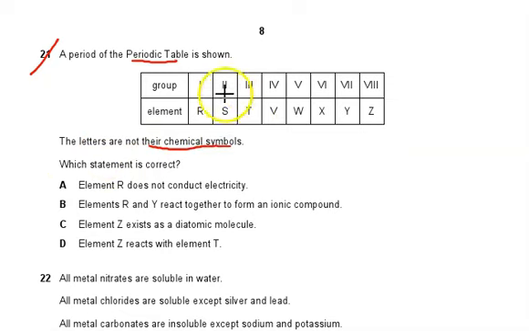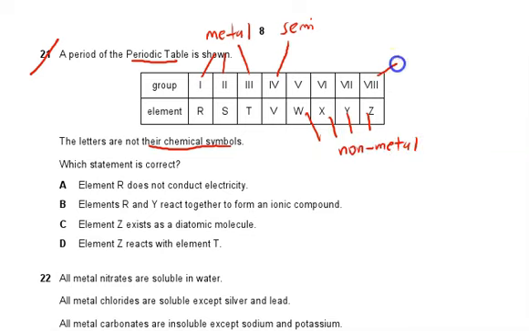We have to understand here, the first three are metals. This one is a semi-metal, group 14 or group 4. The last four are non-metals. And the last group here is the noble gases, which are inert.